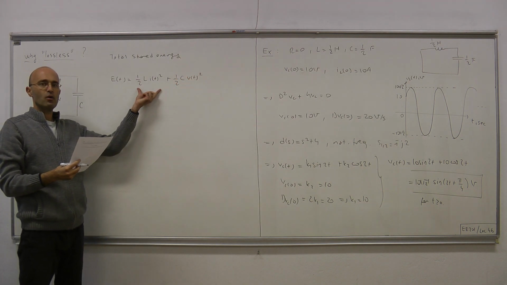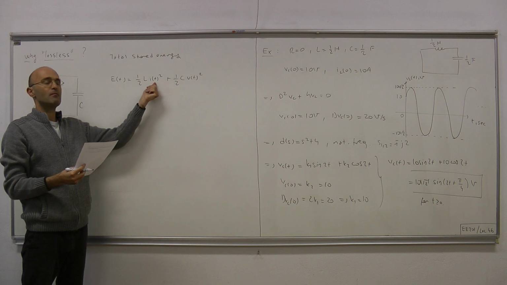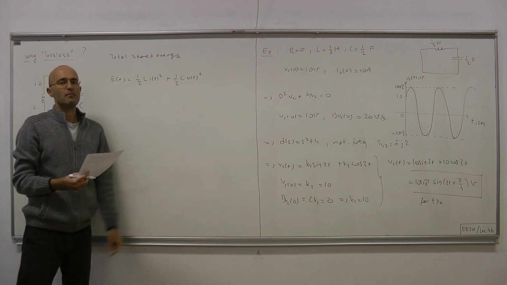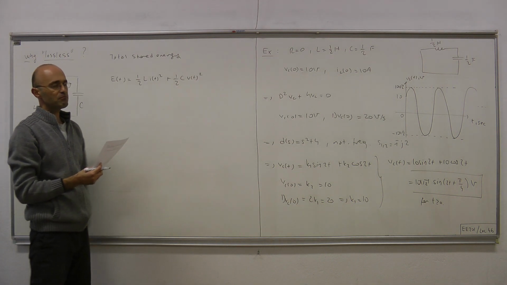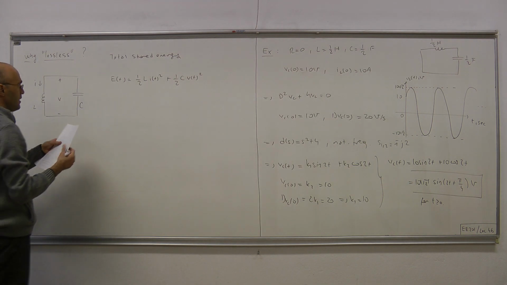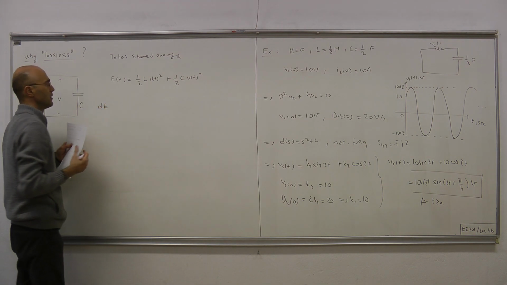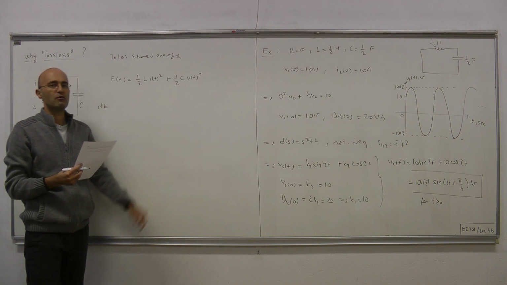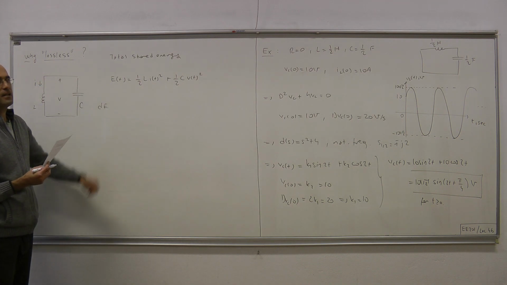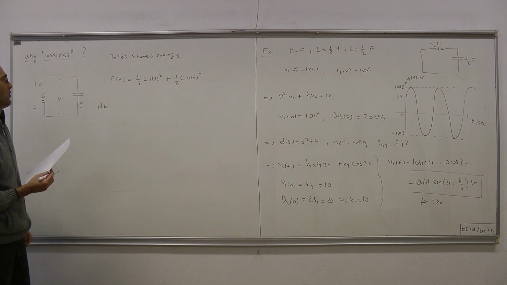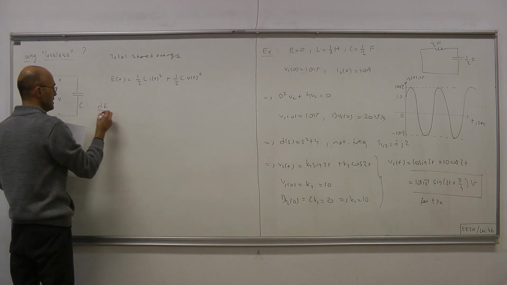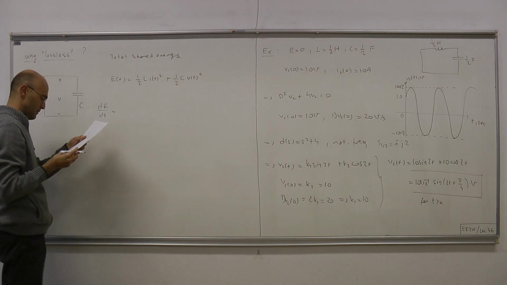So this is the energy stored in the inductor at any given time, and this is the energy stored in the capacitor at any given time. Now, without using the solution of I(t) or V(t), let's directly differentiate the energy E(t). dE over dt equals what?